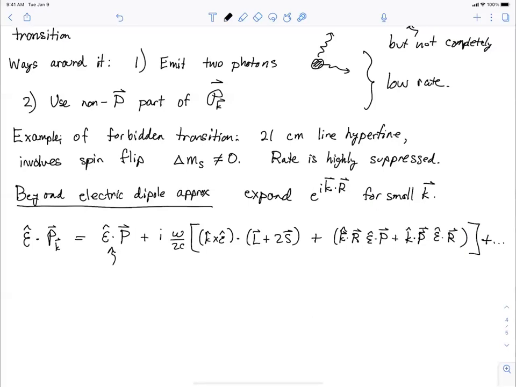Okay, so this is the E1 part. This part right here is called magnetic dipole, so it's called M1. And this part right here is called E2, which stands for electric quadrupole.